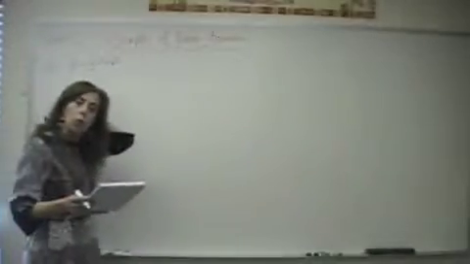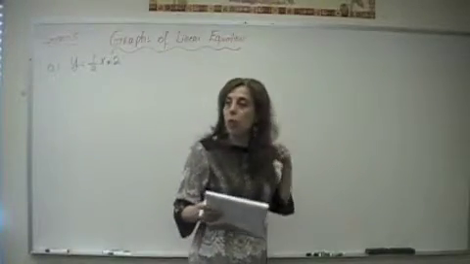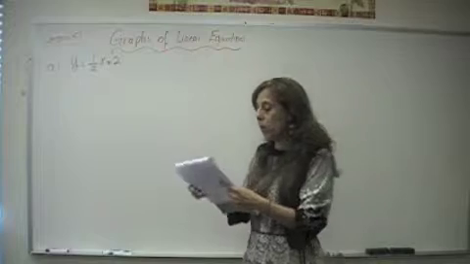To graph a linear equation, you need at least 2 points. We're going to put our x and y table, and we're going to give different values for x and calculate for y. When you have x attached to a fraction, the best 2 points you can choose are the same as the denominator, one time positive, one time negative.